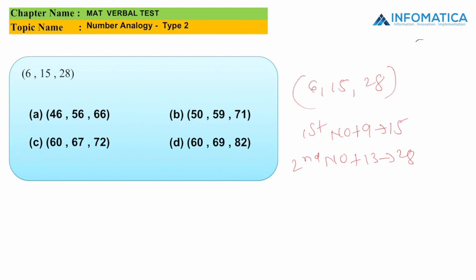So let us check the options. Option A is 45, 56 and 66. Option B is 50, 59 and 71. Option C is 60, 67 and 72. And option D is 60, 69 and 82.